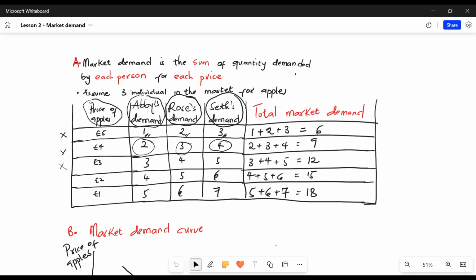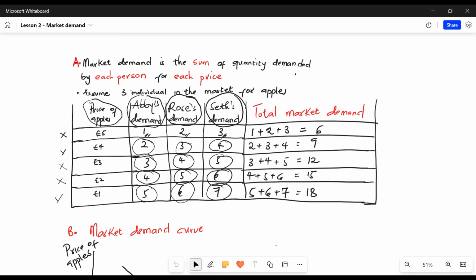At price 3, Abby buys 3 apples, buys 5 apples. At price 2, Abby buys 4 apples, Rose buys 5 apples, and Seth buys 6 apples. At price 1, Abby buys 5 apples, Rose buys 6 apples, and Seth buys 7 apples.